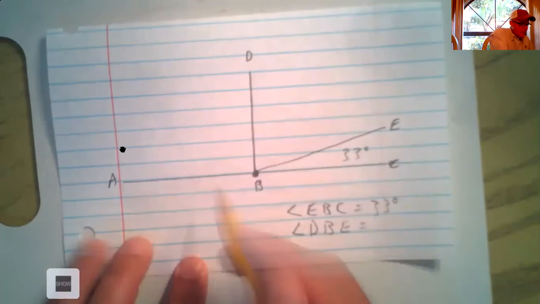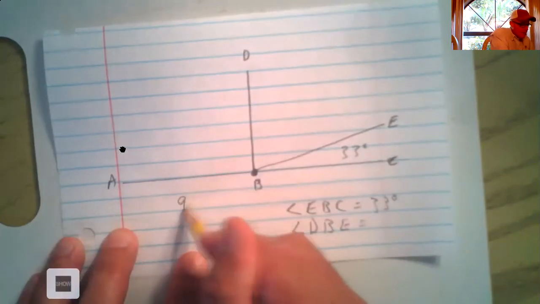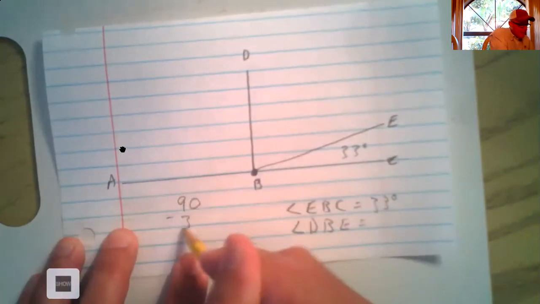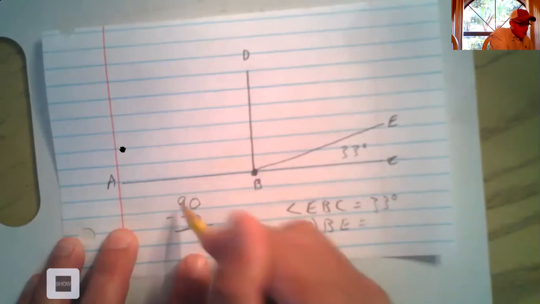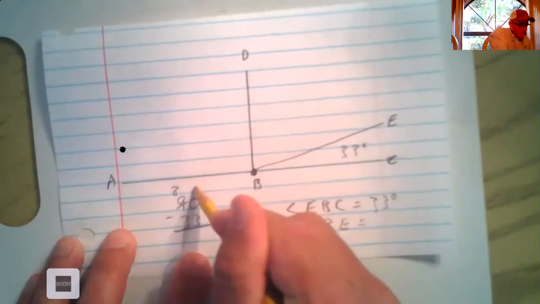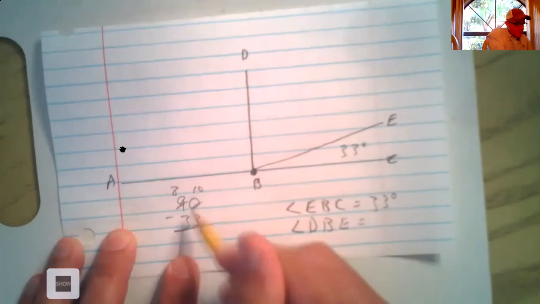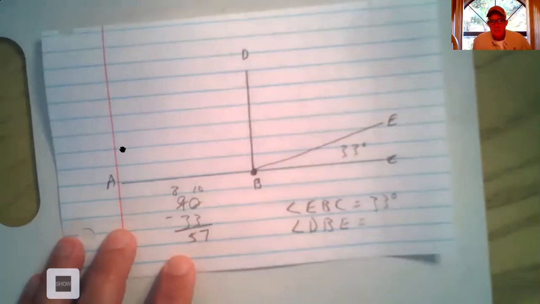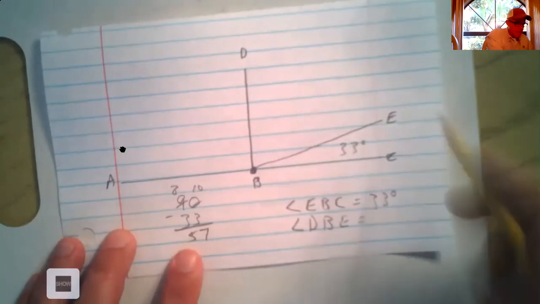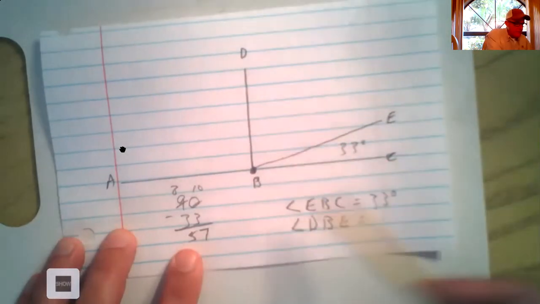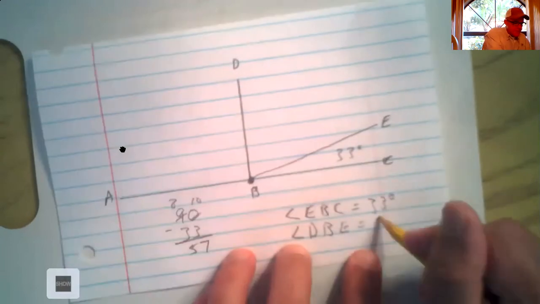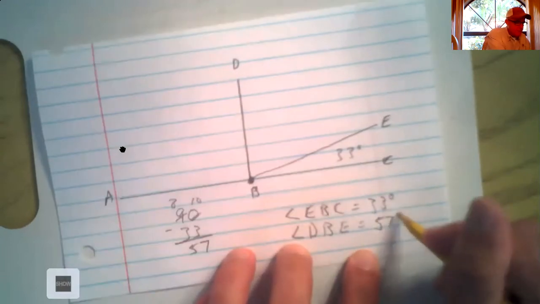So I'm going to say, what is 90 minus 33? That's 57 degrees. So angle DBE equals 57 degrees.